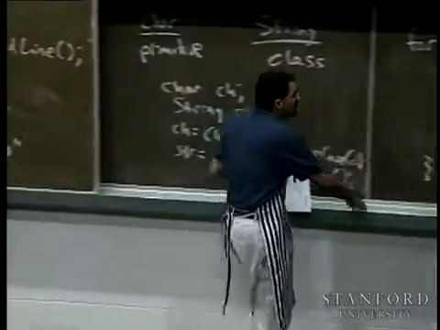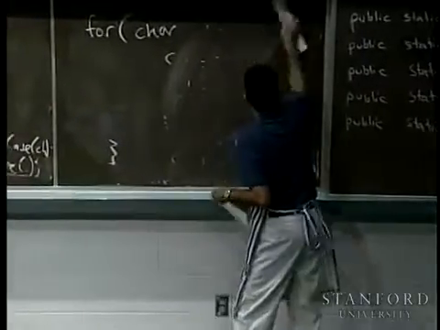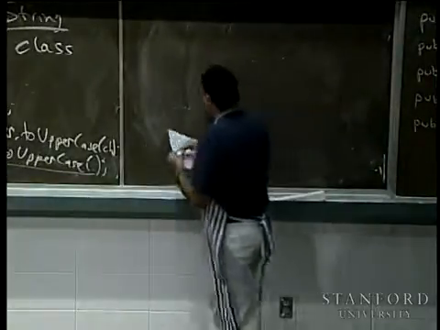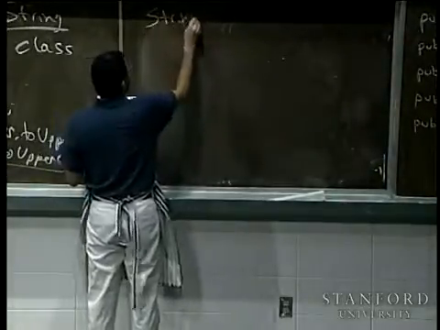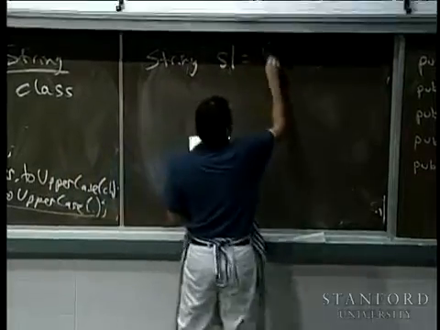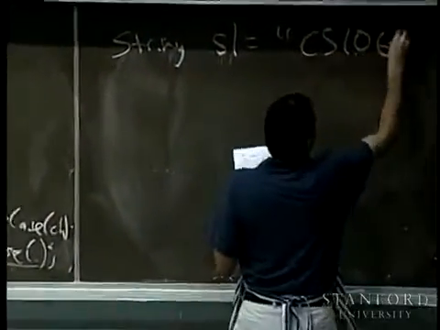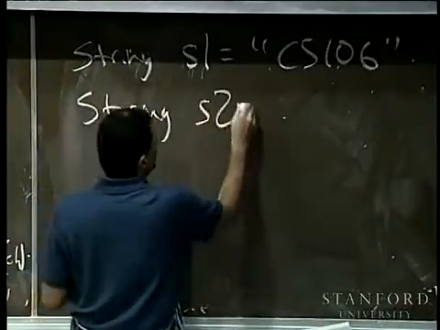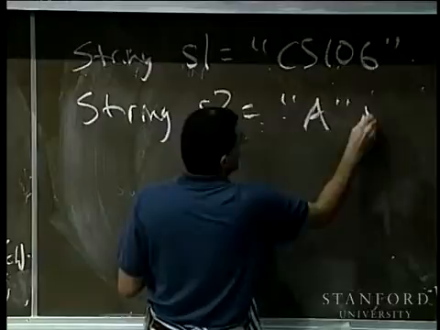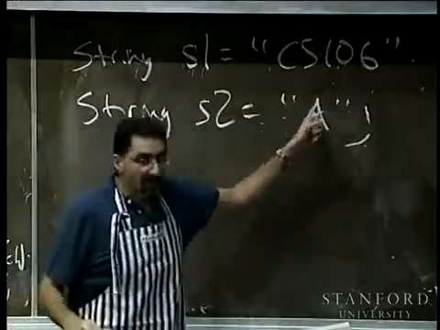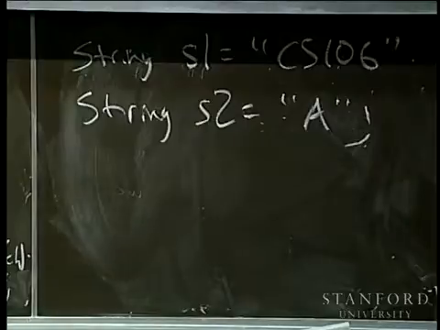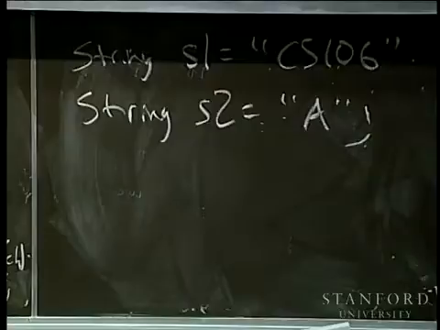Okay? So a bunch of things you can also do on strings. Concatenation you've actually seen before. I'll show you one more example of concatenation, but you've been doing it this whole time. I have string s1, which will be CS106. I have string s2. It's okay for a string to be a single character, A. It is distinguished from the character A by having double quotes around it. So character, always one character. String can be one or more characters. As a matter of fact, it can be 0 characters. You can have double quotes with nothing inside, which is the empty string.